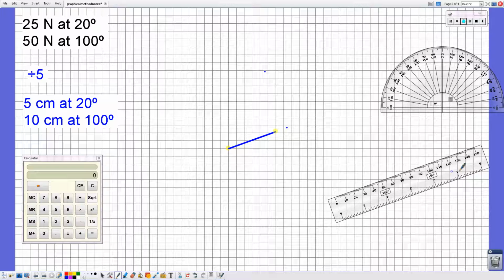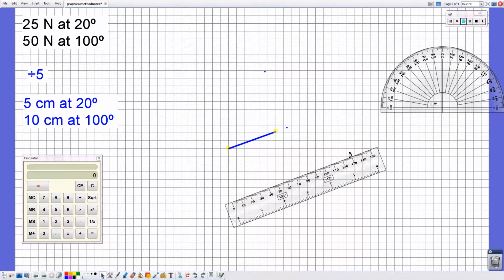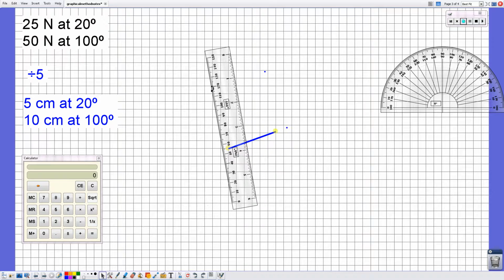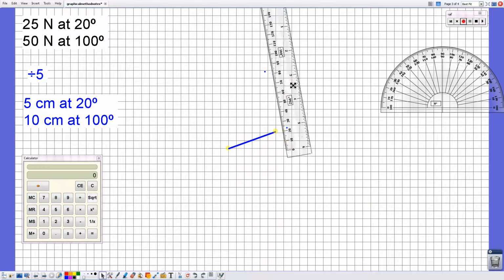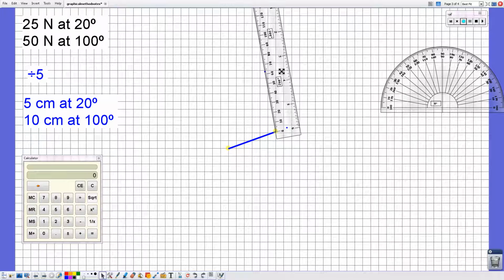Okay, and I want this one to be 10 long. Alright? And there we go.